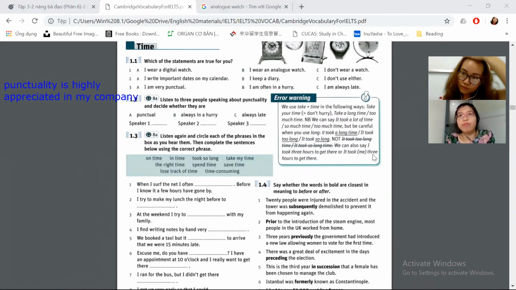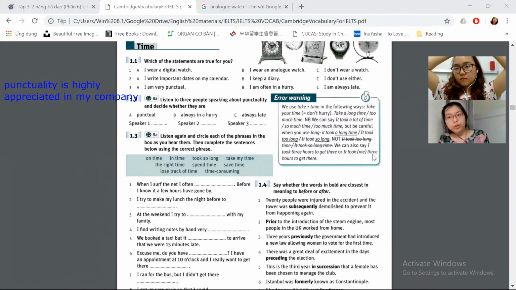Well, if I can choose a word to describe my apartment, it is the greatest ever. Greatest place.